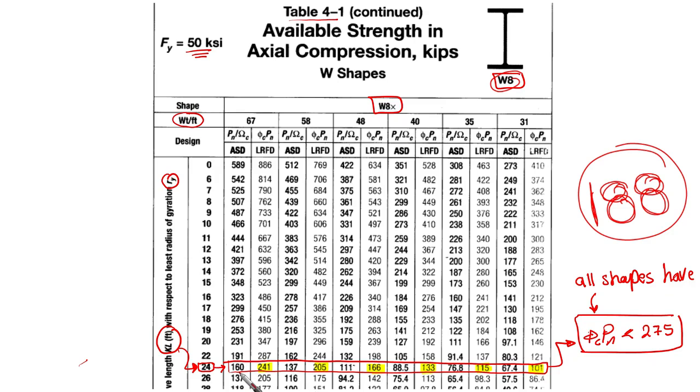If you look at this line, you're not going to find anything related to ASD. Look to the maximum here, which is the highest one. It is 160. So this means that this cross section would not work for us.